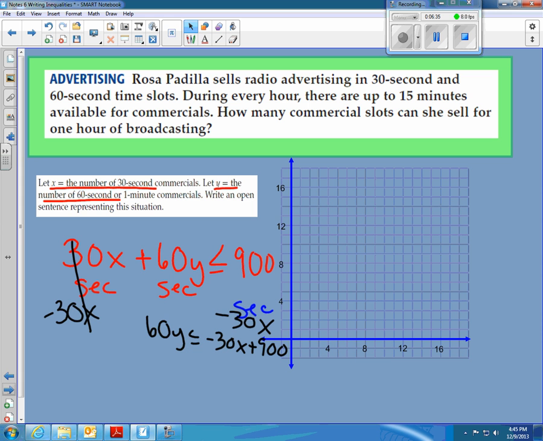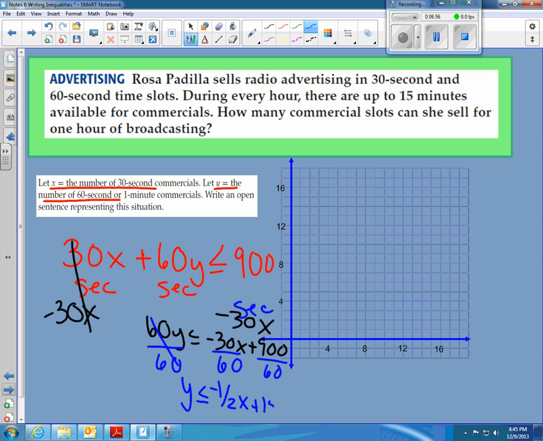We want to get y by itself, so it's 60 times y, so I'm going to divide by 60. Remember, we're dividing each individual term by 60. So y is less than or equal to negative 30 divided by 60, which reduces to negative 1/2 x. 900 divided by 60 gives us 15. There's our equation. So now we're going to go ahead and graph it.